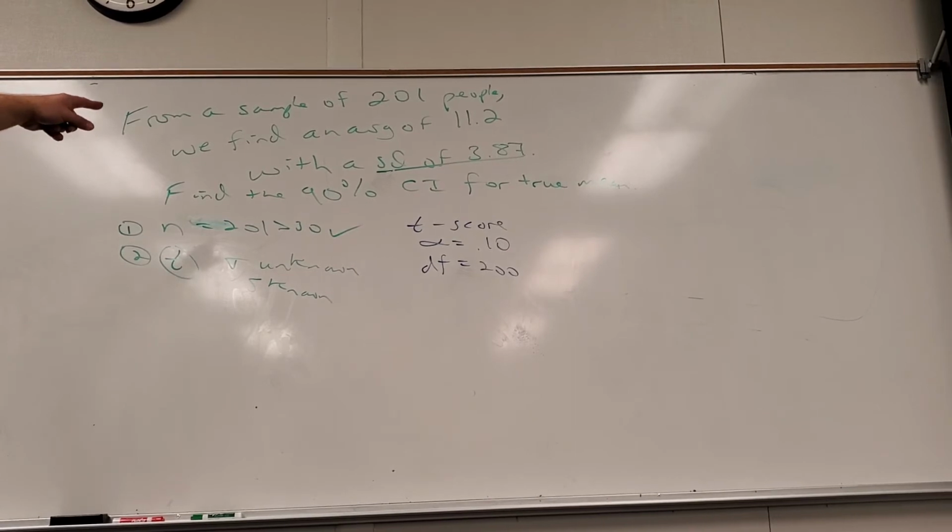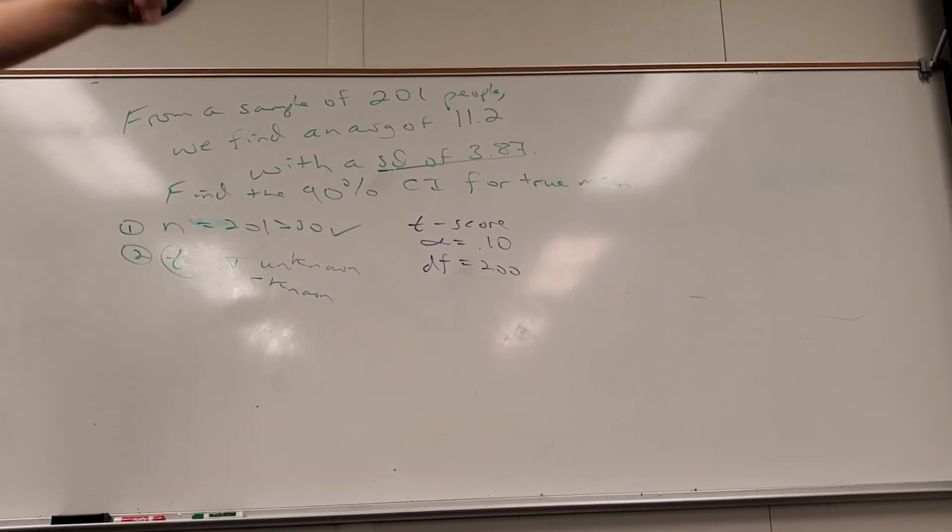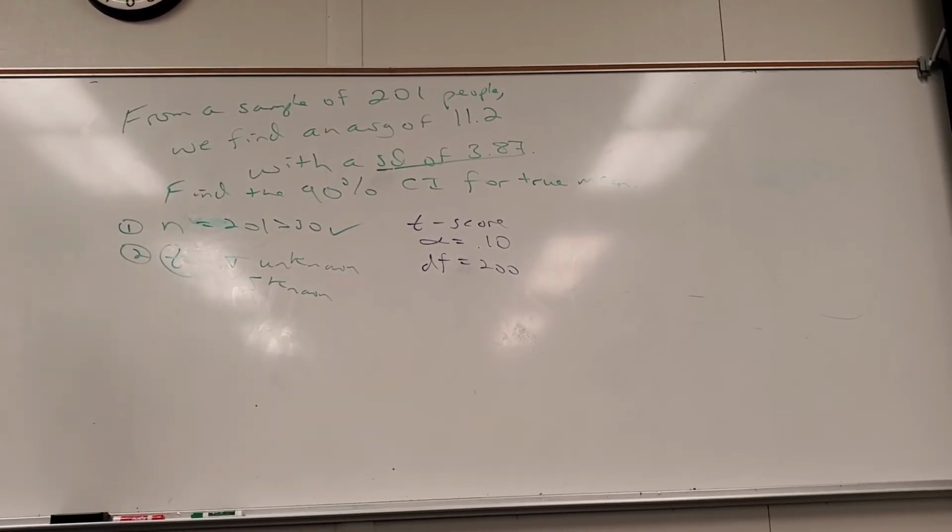What level of confidence did I want? 90%. So what's alpha? 10%. In two tails. If you made it 5%, that would be in one tail, same column. Do I go all the way down to the bottom of that column?